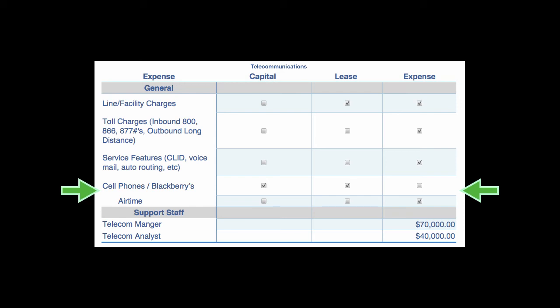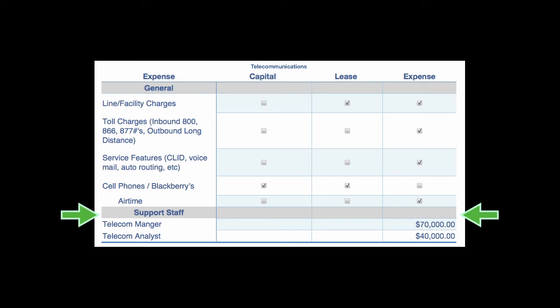Obviously, they cost to buy. They've got usually some kind of annual contract period with them. And then on top of that, you've got airtime charges. So take a look at all of your cell phone, Blackberry, iPhone charges and include that in your budget as well. Now, people to manage all of this: telecom manager, maybe a telecom analyst, could have both roles, could have one of the two.